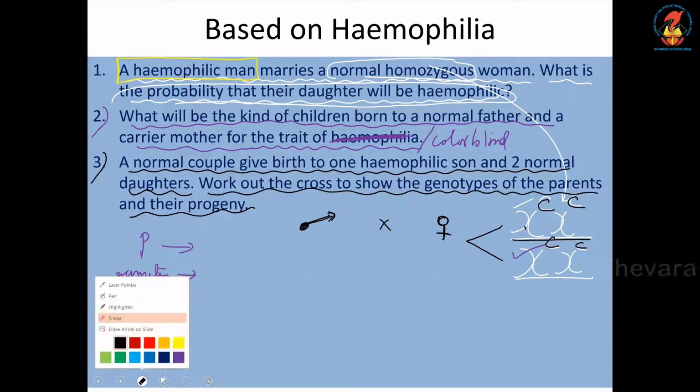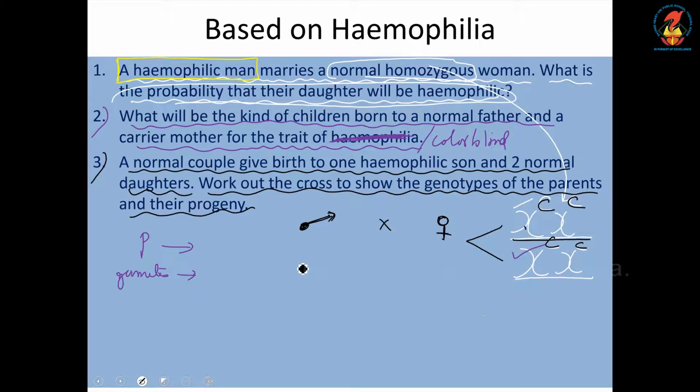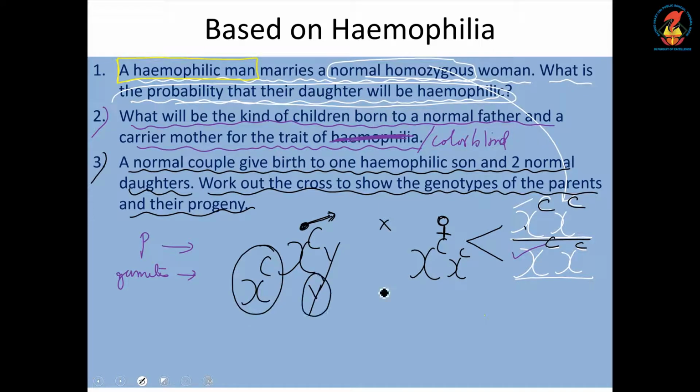So the option I am taking for the father is X^C Y. He is a normal man. Now for the mother, I will not go for the homozygous mother, I will go for the carrier mother. Now the gametes: X^C, Y, and X^C, X^c.